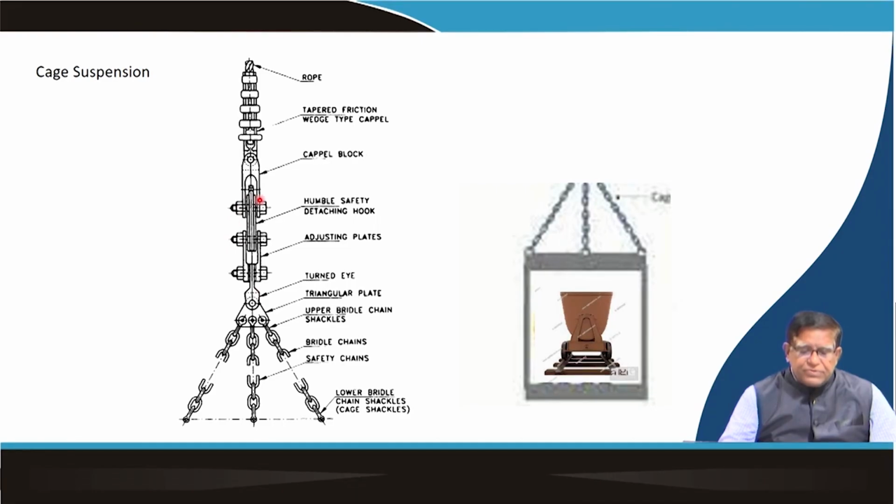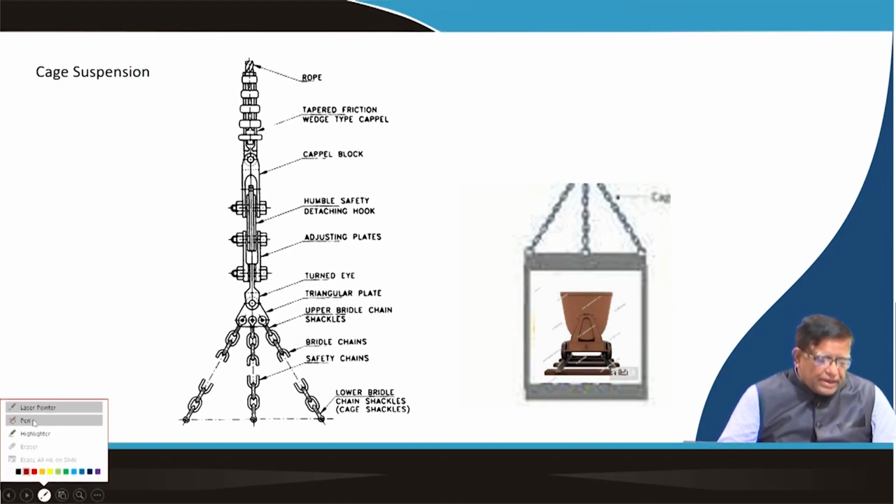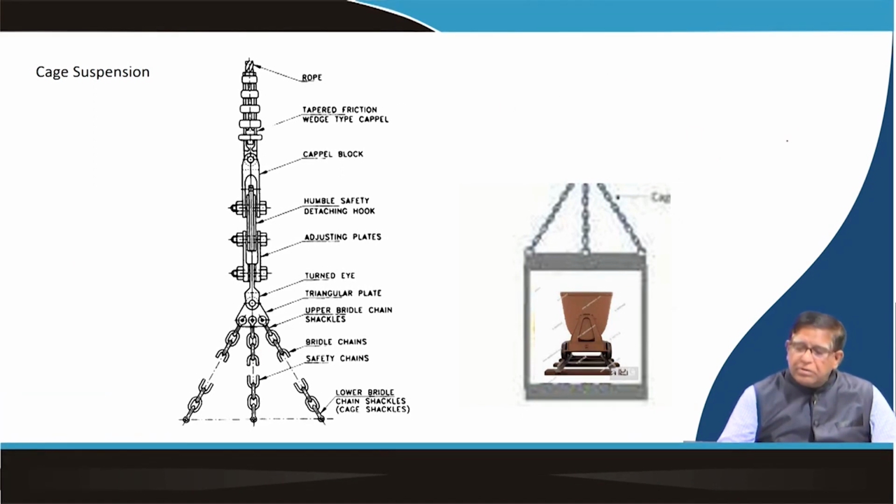The purpose of this safety hook is this. This wire rope will be going to a winder drum. Suppose this is your sheave from where you are suspending the cage here.